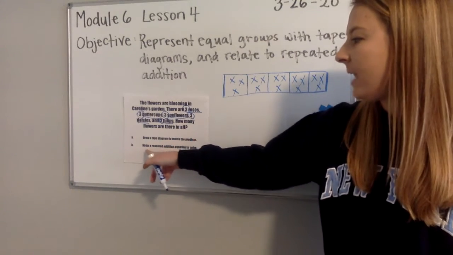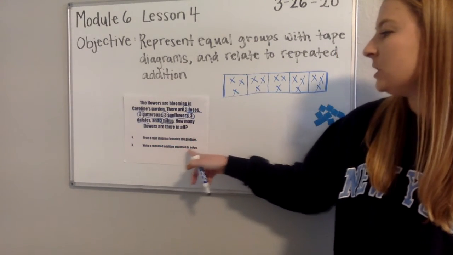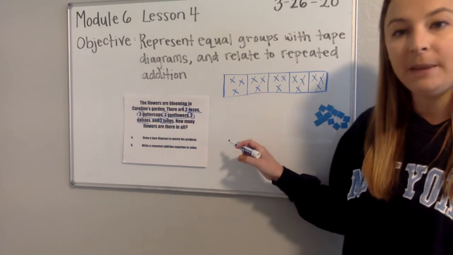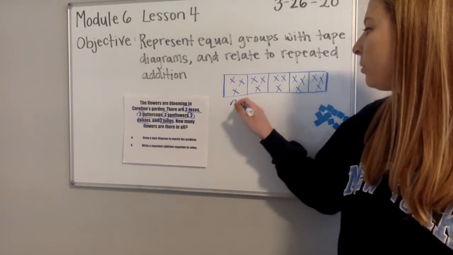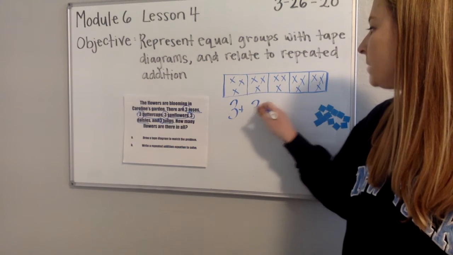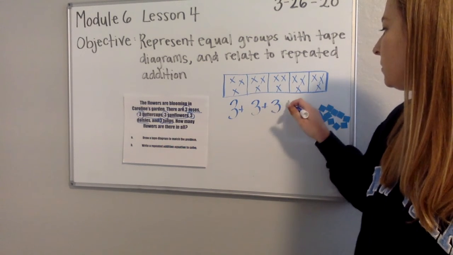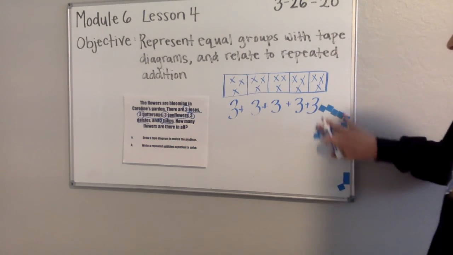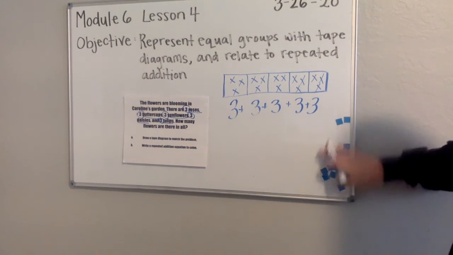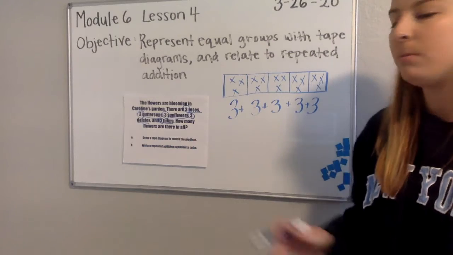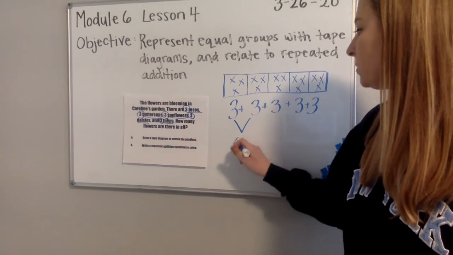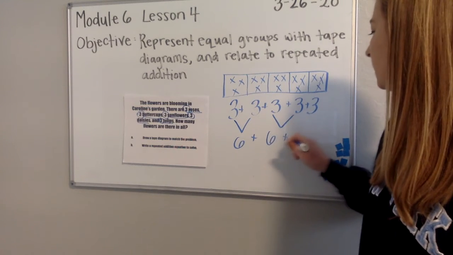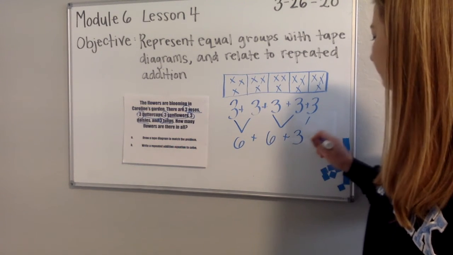Part B says write a repeated addition equation to solve. Below my tape diagram, I'm going to include my repeated addition equation. 3 plus 3 plus 3 plus 3 plus 3. I'm going to look to group my add-ins to make it more efficient. 3 plus 3 makes 6, plus 3 plus 3 makes 6, plus my leftover 3.